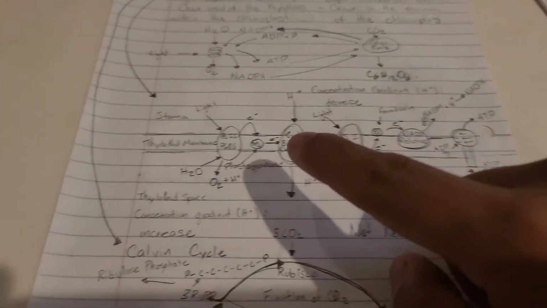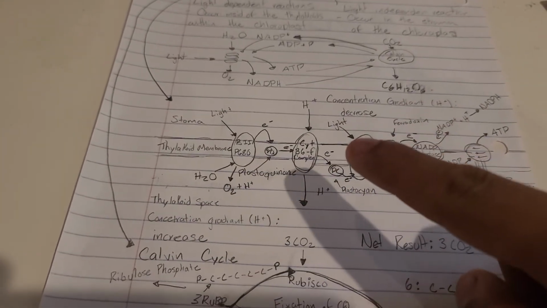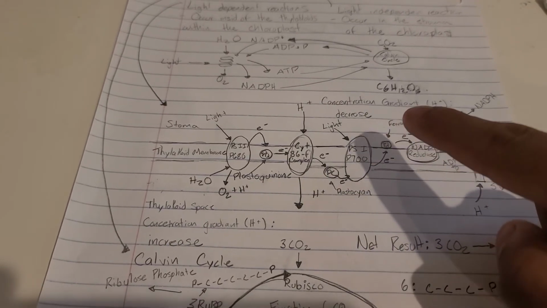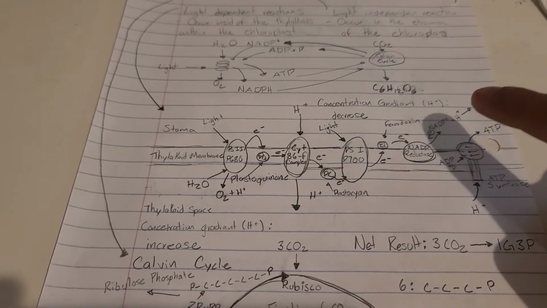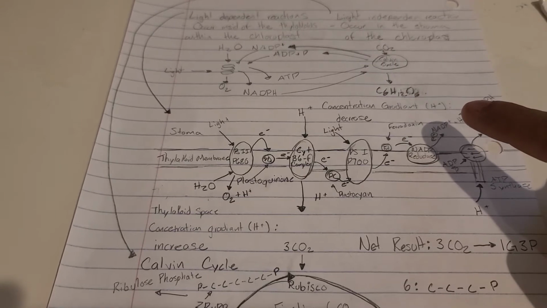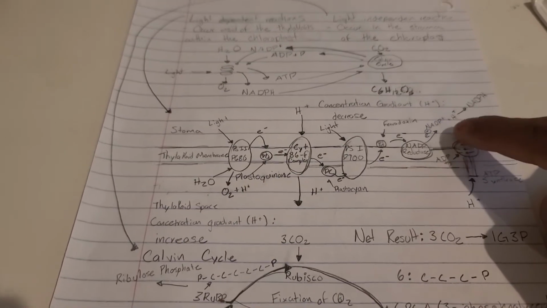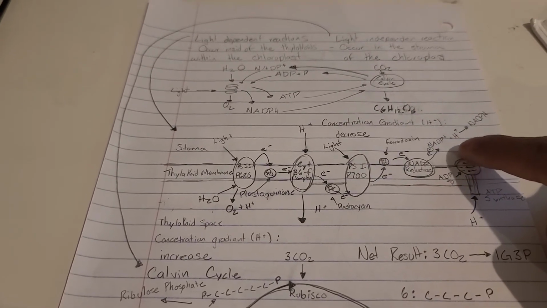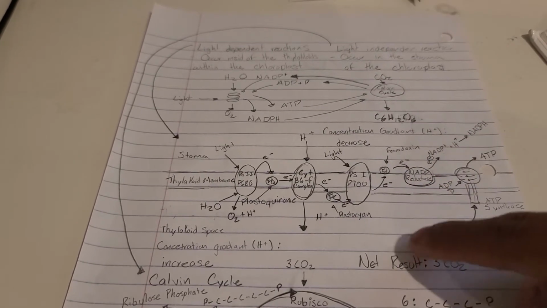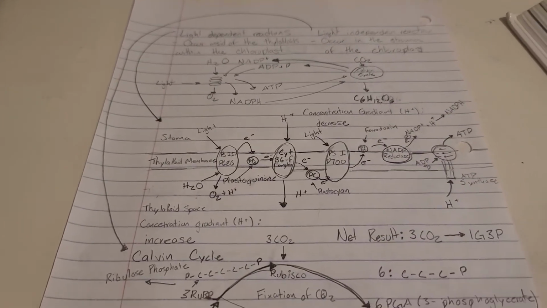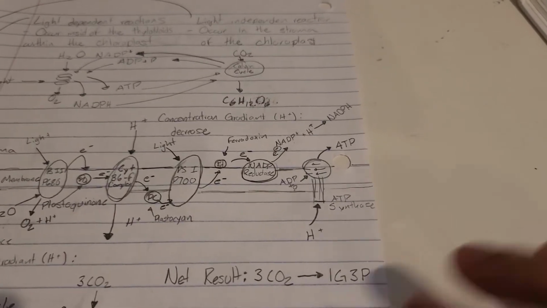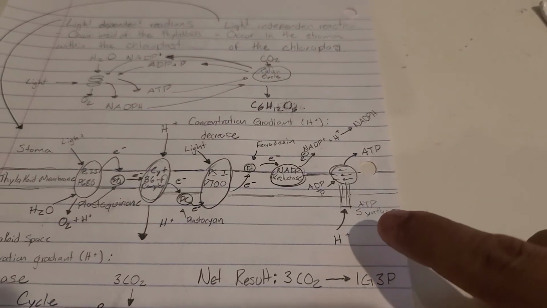Because of this whole system, the concentration gradient for hydrogen decreases on the stroma side of the thylakoid membrane and increases in the thylakoid space.